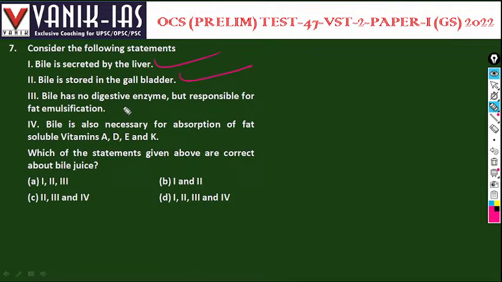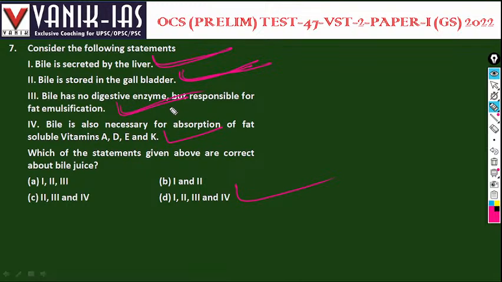Yes. Bile has no digestive enzyme but is responsible for emulsification. Bile is also necessary for absorption of fat-soluble vitamins like A, D, E, K. Here all the statements are right so far as bile is concerned. So 1, 2, 3, 4 all are right.